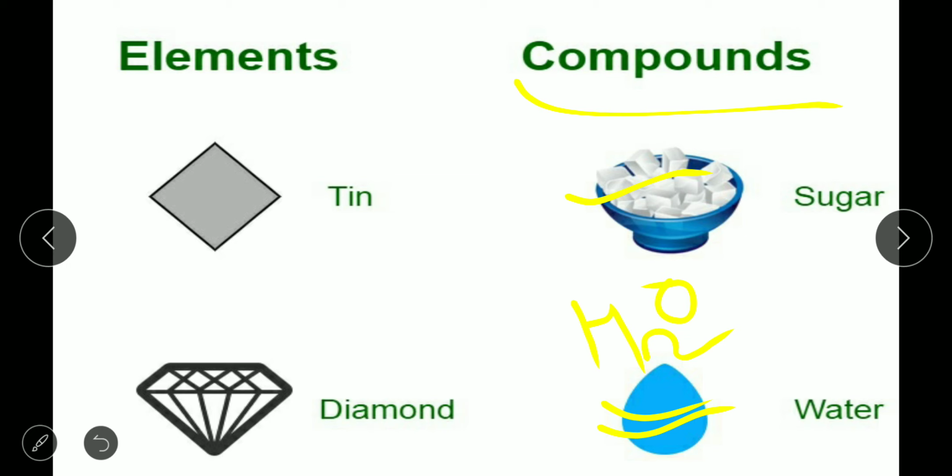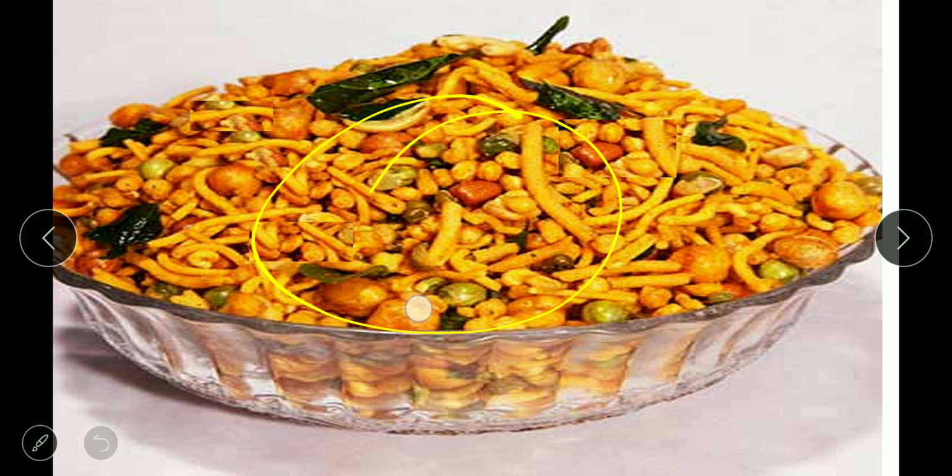The properties of a compound are different from those of its constituent elements. Hydrogen and oxygen are gases but water is a liquid. Hydrogen and oxygen support combustion while water opposes combustion. Likewise, carbon, hydrogen, and oxygen have different properties from sugar.